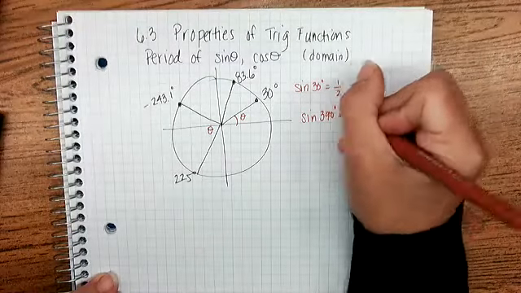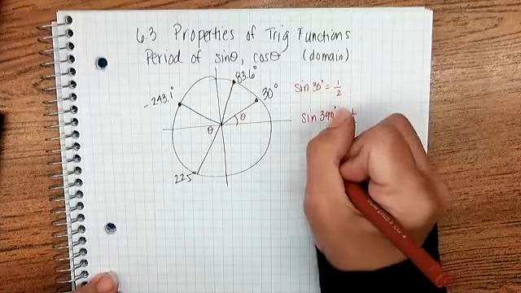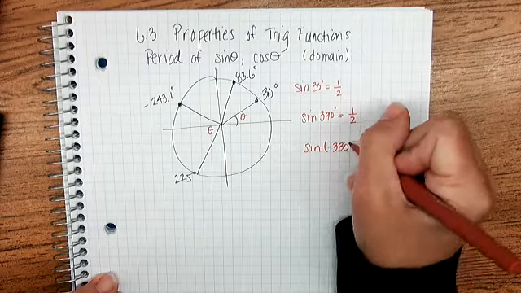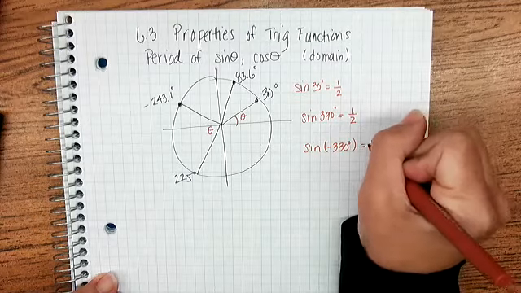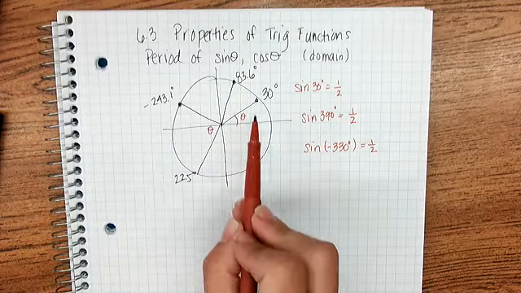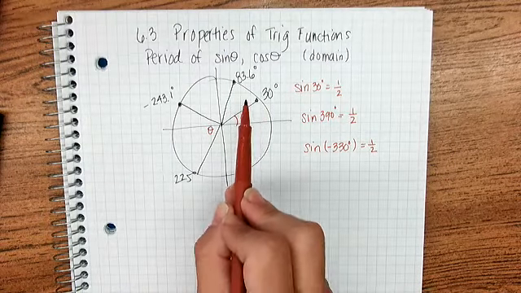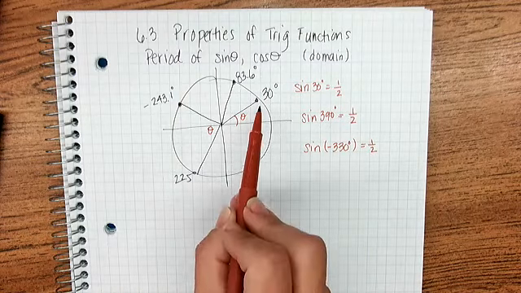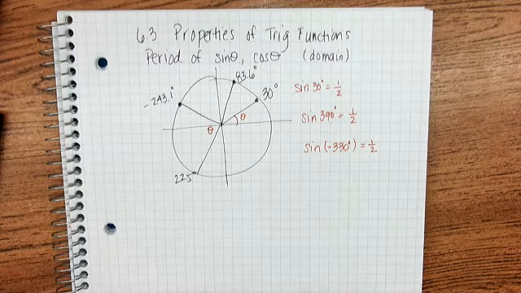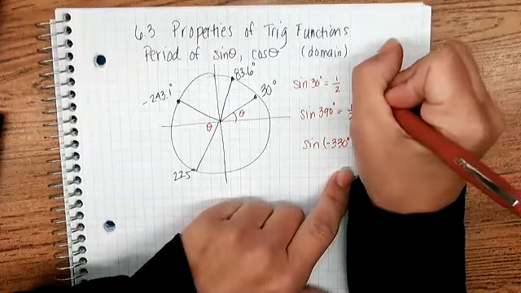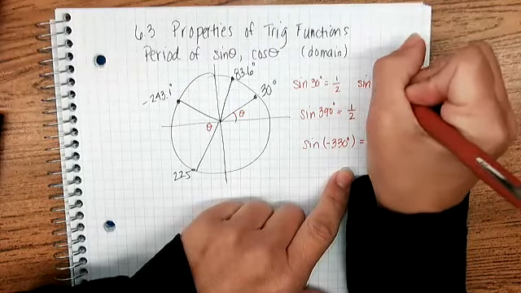If I asked you to find the sine of negative 330 degrees, it's still 1/2 because you're starting at 30 and you're going around 360 and around 360. Or maybe you're starting at 30 and you're subtracting 360 and subtracting 360. So this is called periodic. And by the way, we should really do radians.